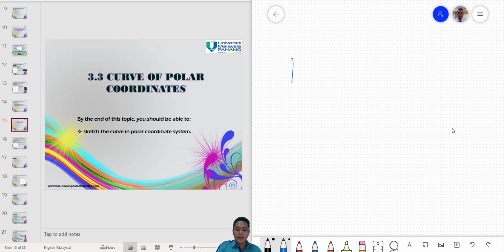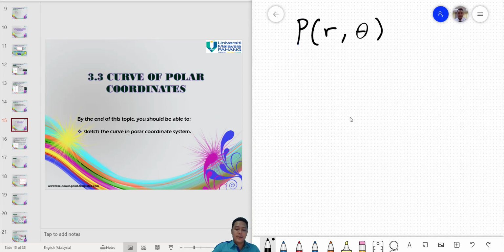Previously we know that the polar coordinate is represented by r and also theta, where r represents the distance between the point and the origin, and theta is the angle associated with the point.